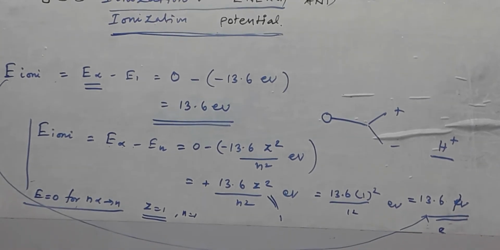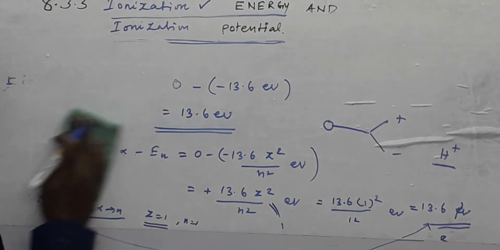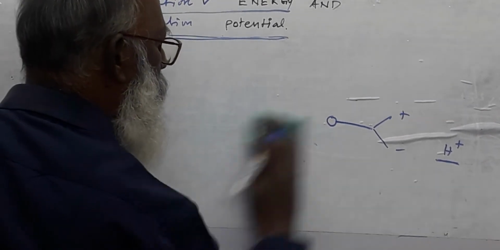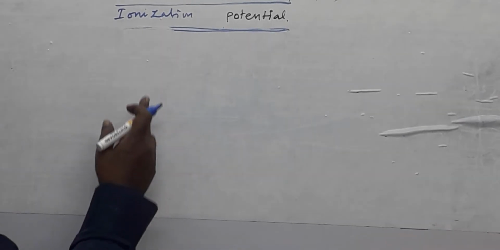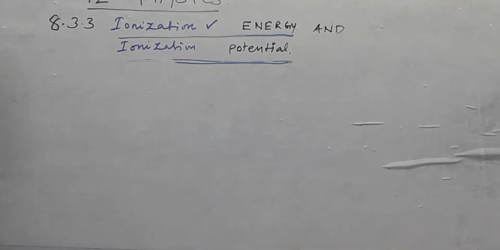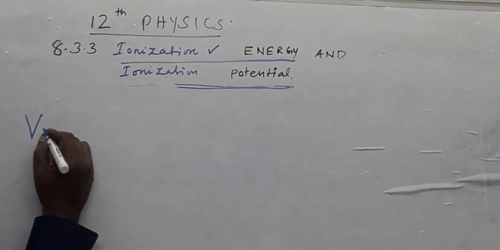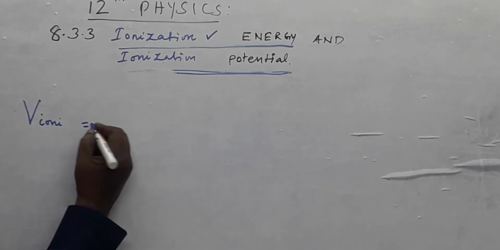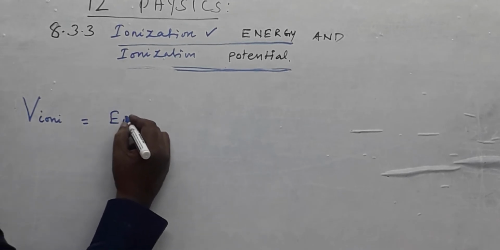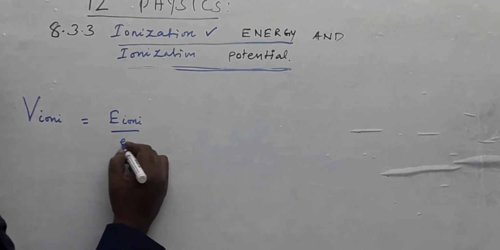Now we have to give an equation for ionization potential. Ionization potential is defined as ionization energy per unit charge. Therefore, V ionization is equal to E ionization by E. That's all.